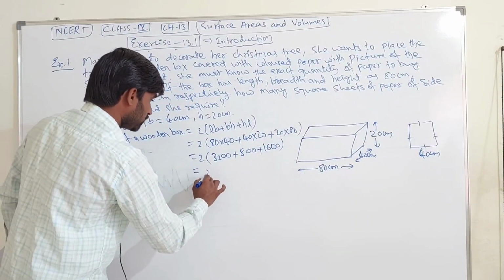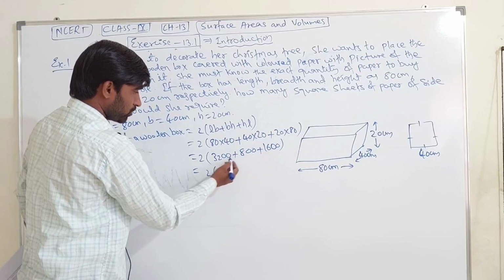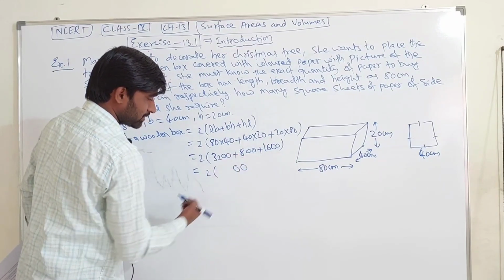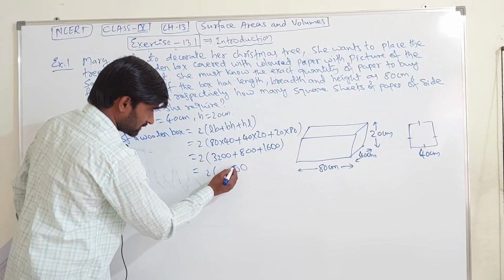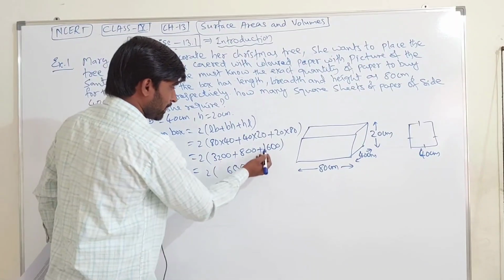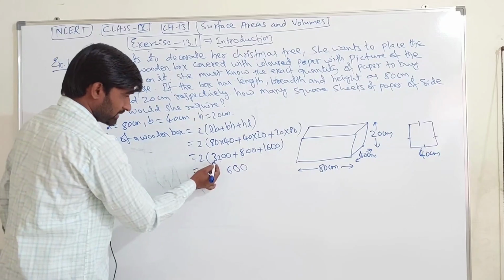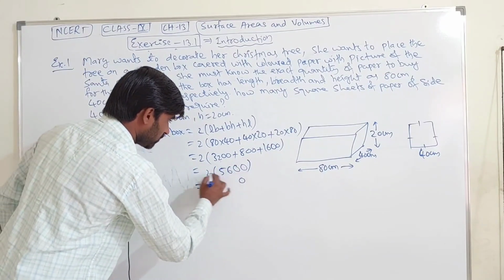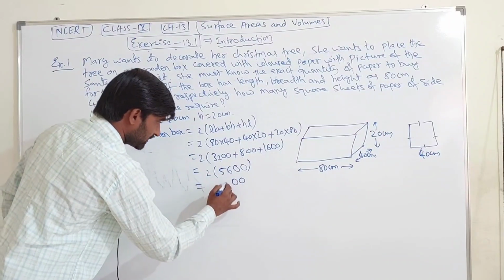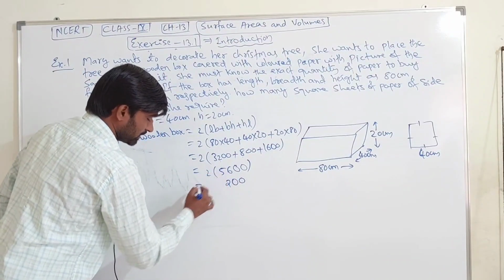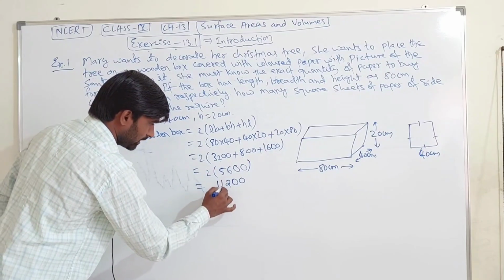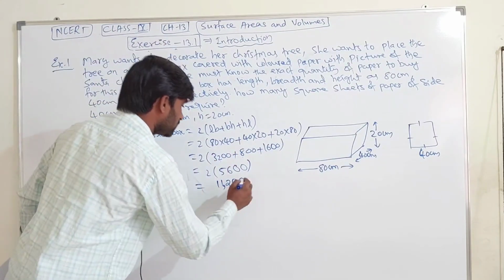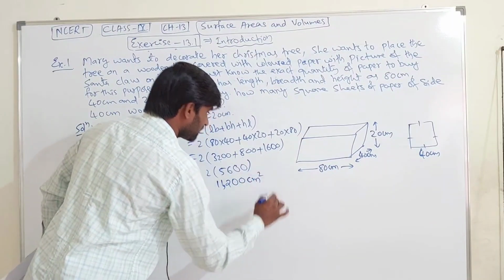Adding up, we get 1600 plus 800 plus 3200. So the total surface area of the wooden box is 11,200 centimeter square.